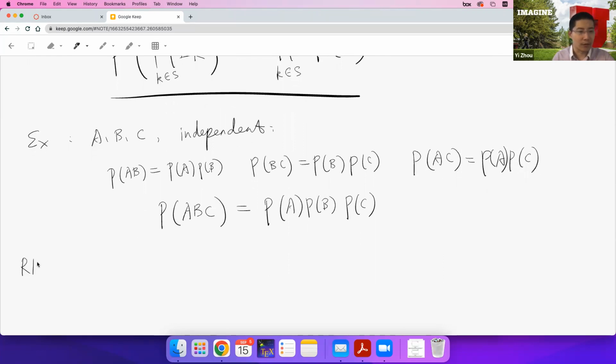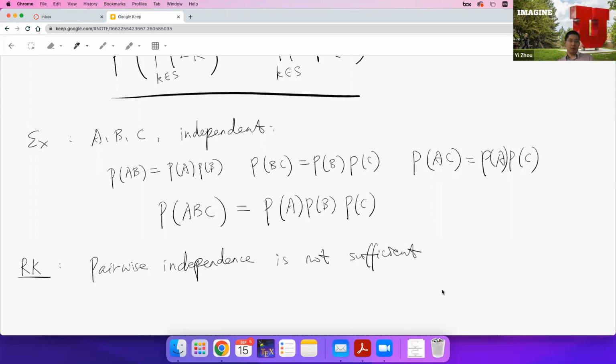And we have a remark here. Pairwise independence of all these events cannot guarantee their independence.